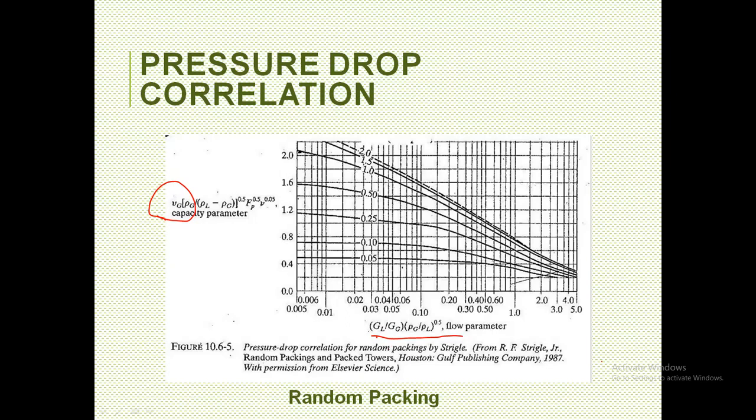Once you have the flow parameter computed, you use it to locate the particular x coordinate that should go with the delta P. The curves that you are seeing here are the delta P curves. The delta P that you have determined, or the pressure drop, together with the flow parameter, will lead you to the capacity parameter.